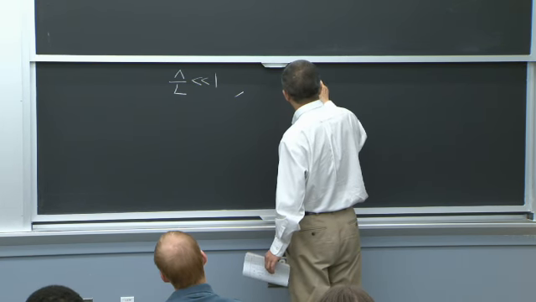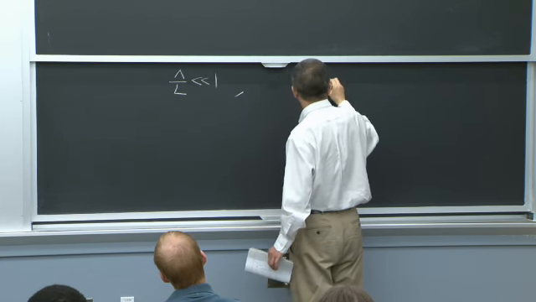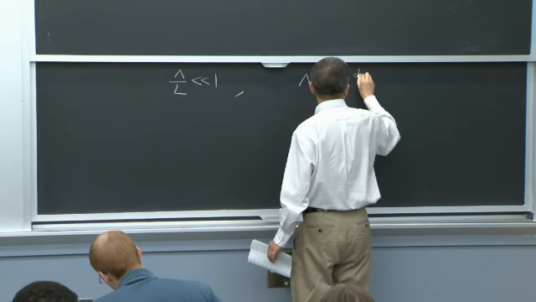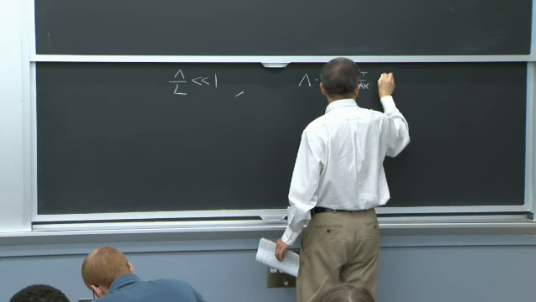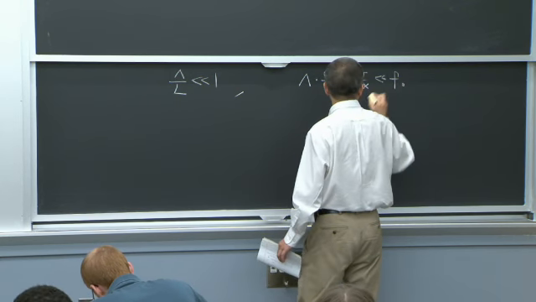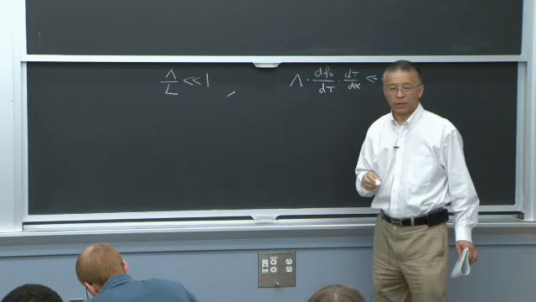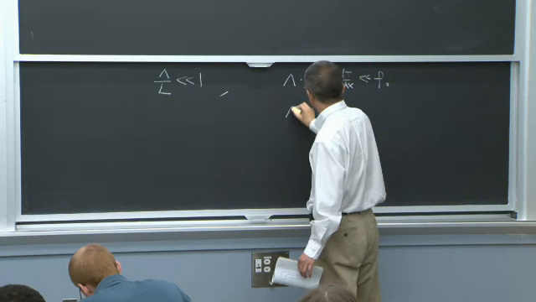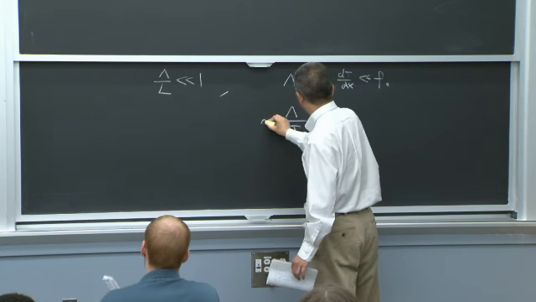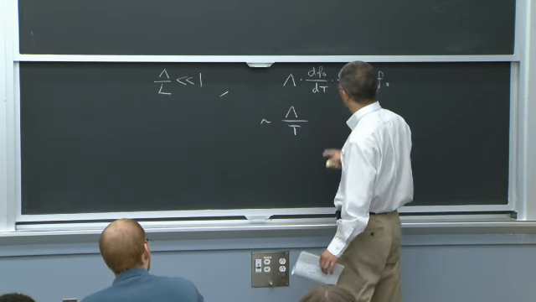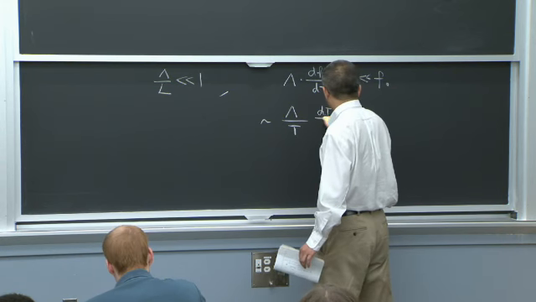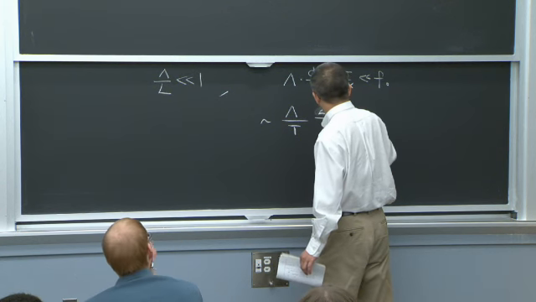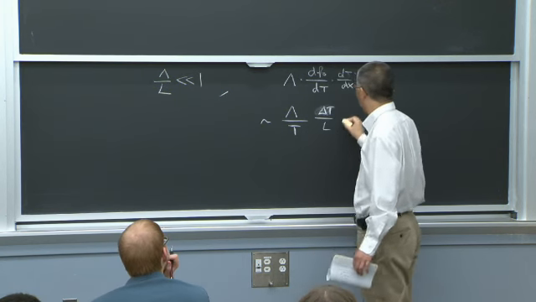Write mean free path times df0/dT times dT/dx less than f0. Again, order of magnitude speaking, f0 cancels on both sides, and dT/dx is delta T over L, much less than 1.